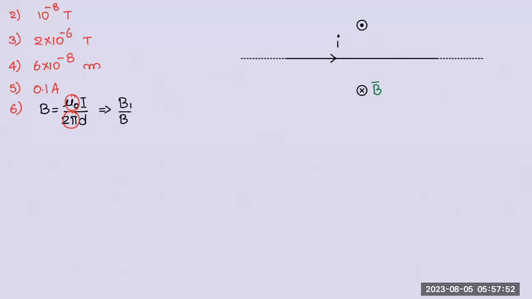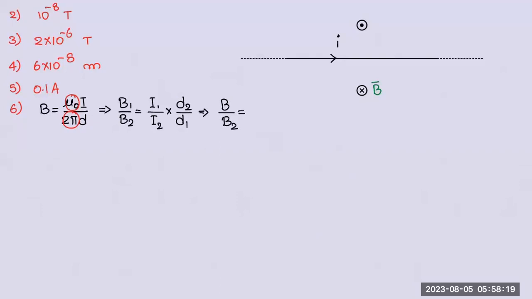B1 by B2 is equal to I1 by I2 into D2 by D1, because D is in the denominator. Initial magnetic field is B, final magnetic field B2 I need to find.